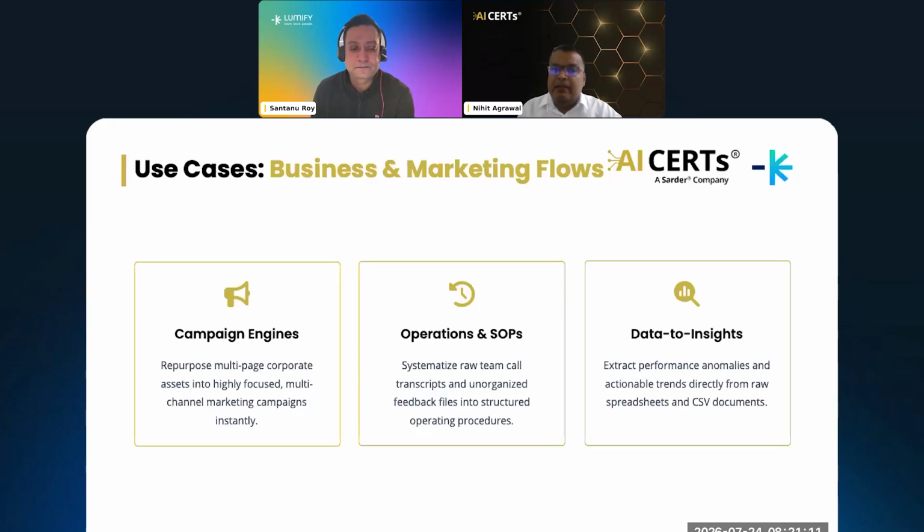So let's begin with our first use case, campaign engines. Many organizations spend a significant amount of time creating marketing content for different channels. A company may have a detailed product guide, white paper, research report, or a lengthy presentation, and marketing teams would manually convert that content into emails, social media posts, blog articles, promotional messages, and whatnot.